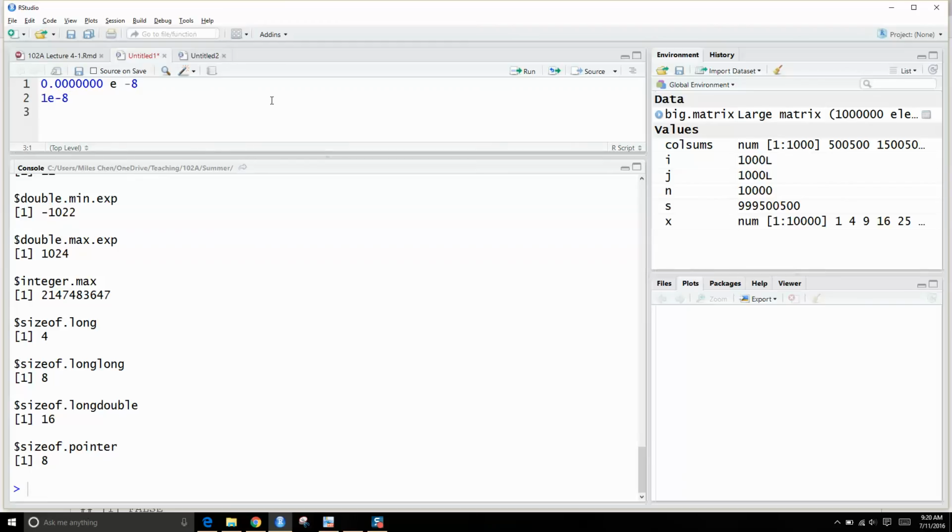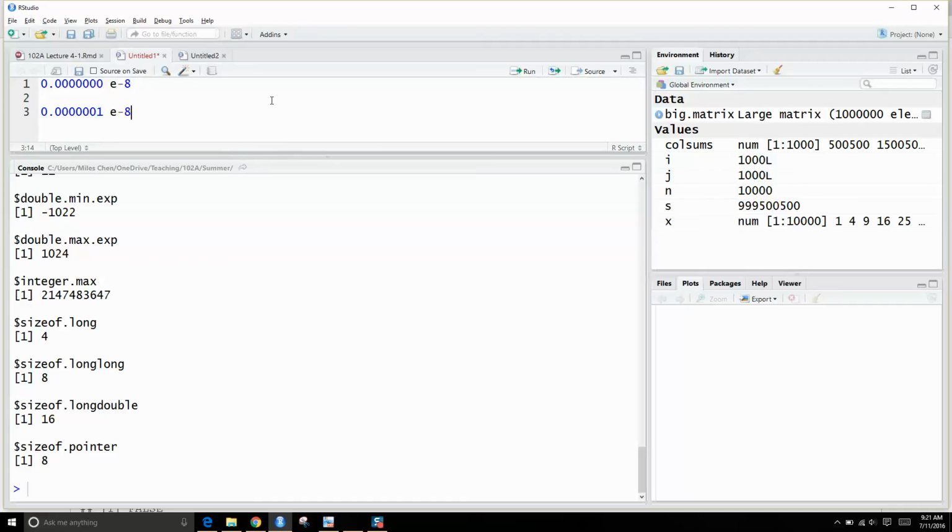You can get much smaller numbers by using something like 0.1 times e to the negative 8, okay? And this would be the equivalent of e to the negative 9, right? And you can have a bunch more zeros, and so this would actually be the smallest number that can be represented.